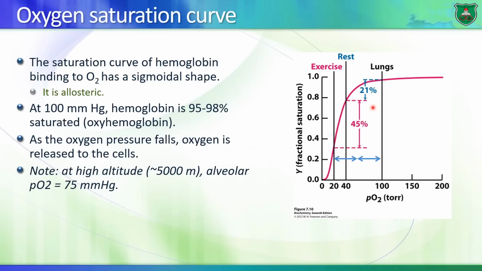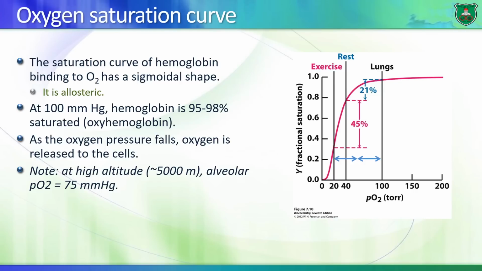Whereas in the lungs, when the pressure of oxygen is about 100 torr, most hemoglobin molecules are saturated with oxygen.